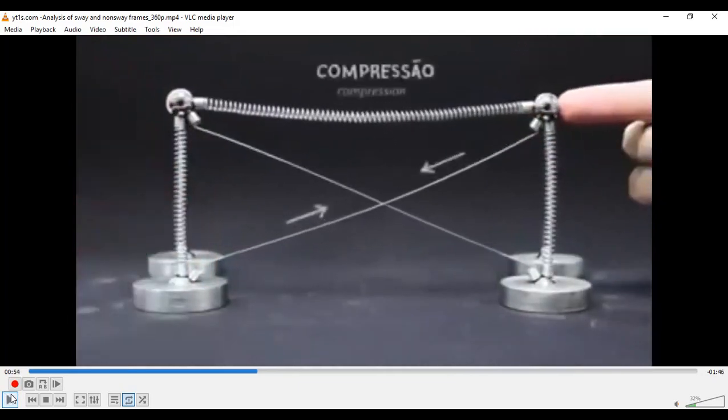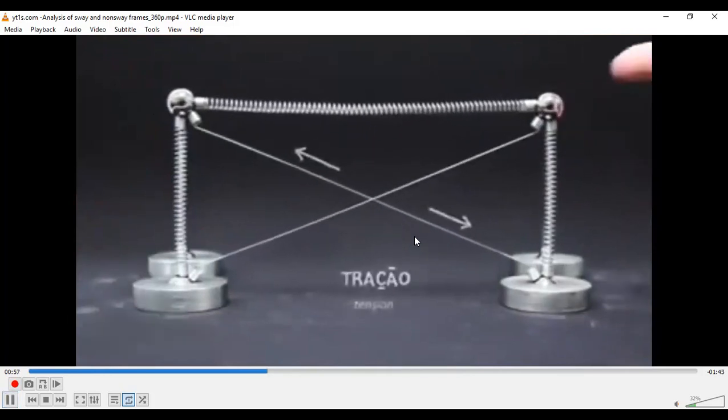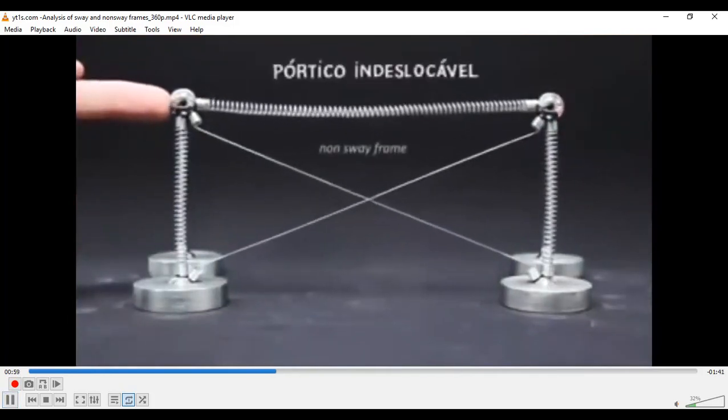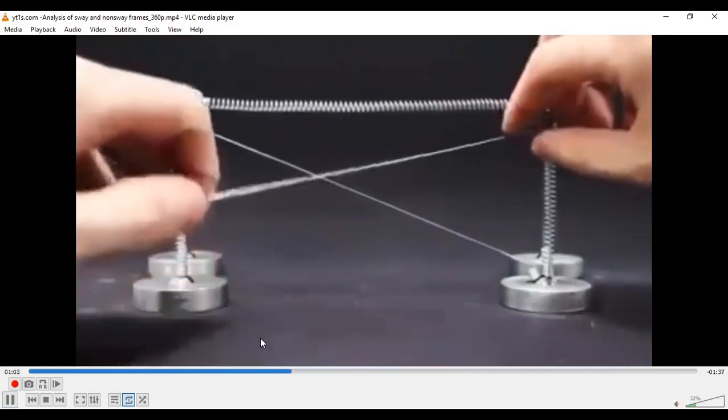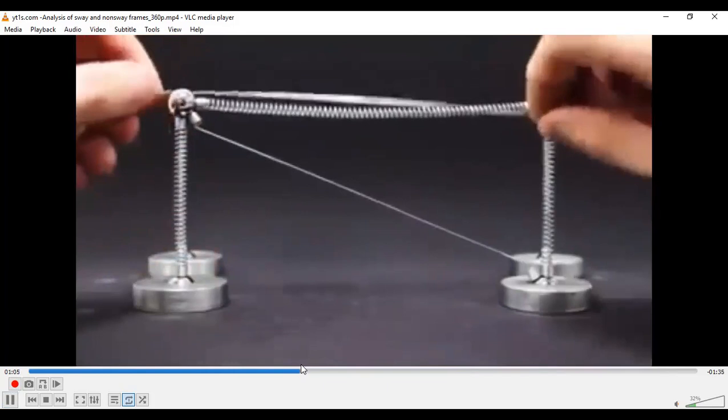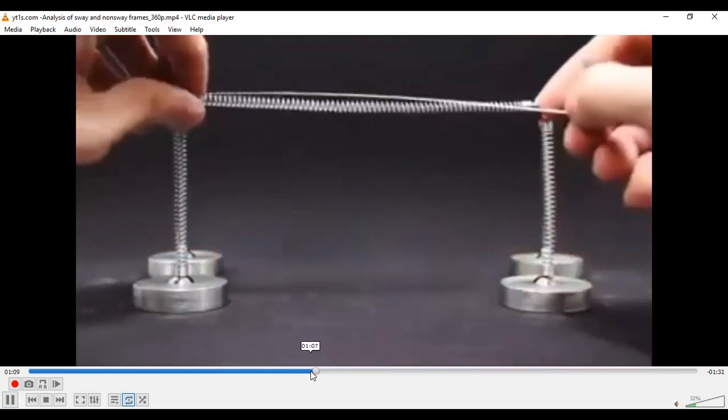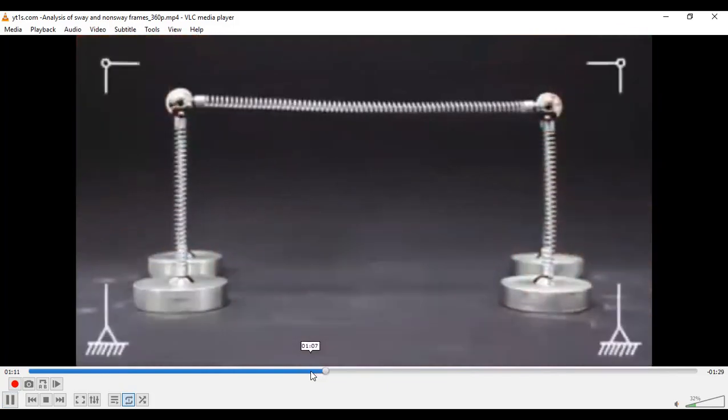If they apply the load, this member will shorten; it is compressed, so it is going to push this way, which means this other member will have a tension. If you put the bracing the other way, it is reversed: this will have a compression and this will have a tension. So there are different methods to stop this sway.